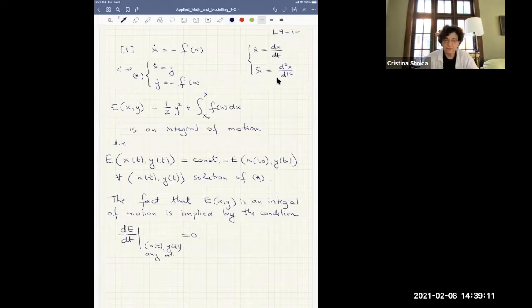Because if a function has derivative 0, then the function is a constant.